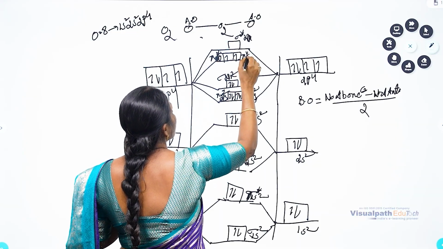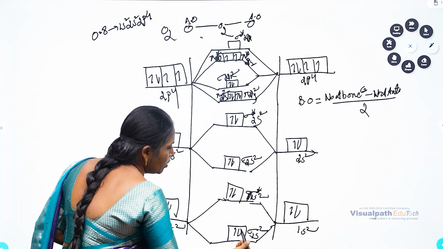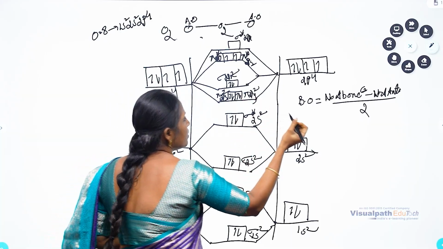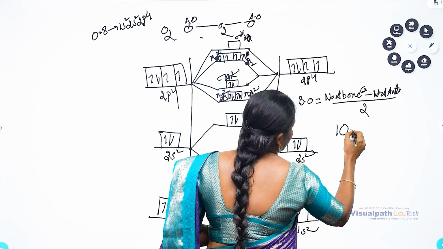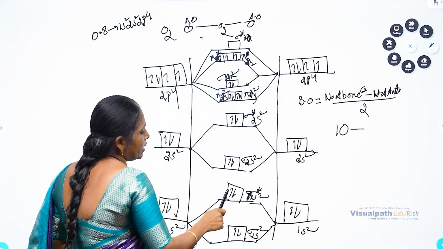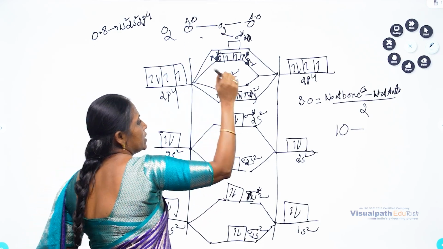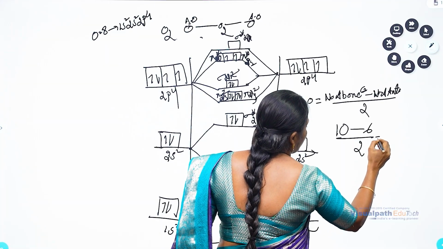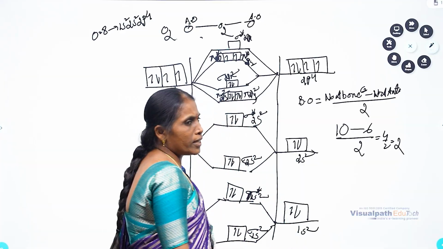Now we calculate how many bonding electrons are there? 1, 2, 3, 4, 5, 6, 7, 8, 9, 10. So here 10 minus how many anti-bonding electrons are there? 1, 2, 3, 4, 5, 6. 10 minus 6 divided by 2, means 4 by 2, it is 2. So here its bond order is 2.